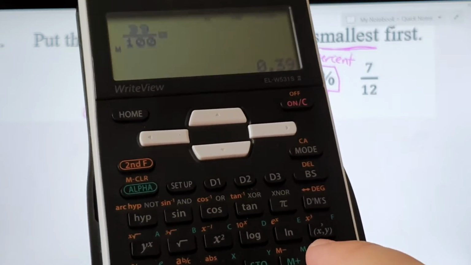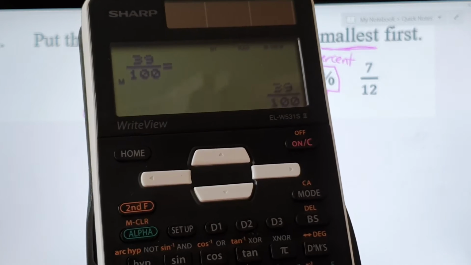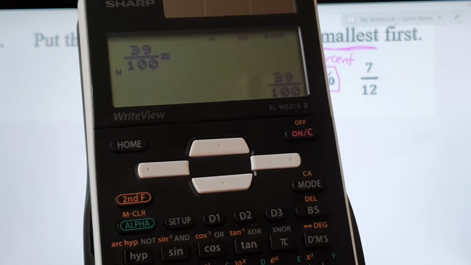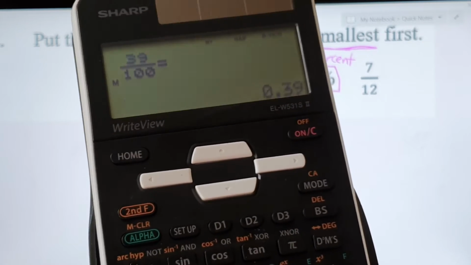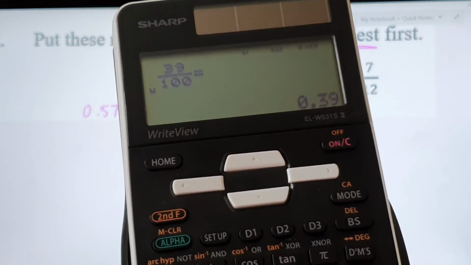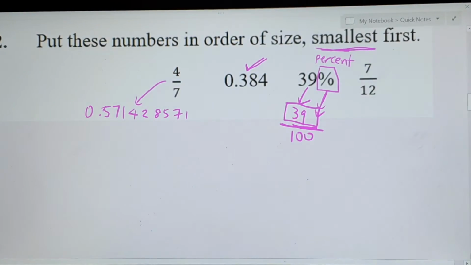Change, you can get decimal; change again, you get a proper fraction; change, see which one you want. So it's 0.39, and I write it there. Now in the exam, you write all this, and you will get marks. All these are working marks, so it's important that you show working.